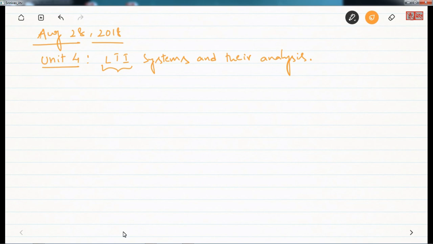The very first topic is representation of a signal through unit impulse.